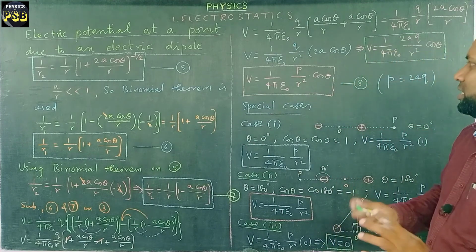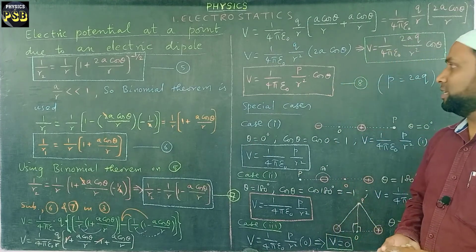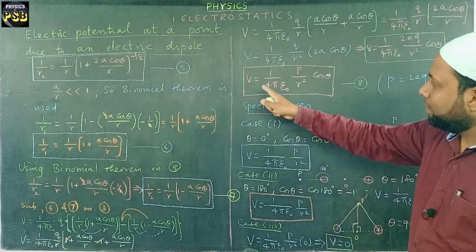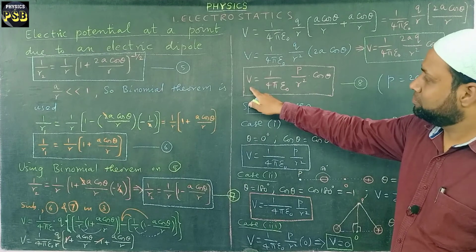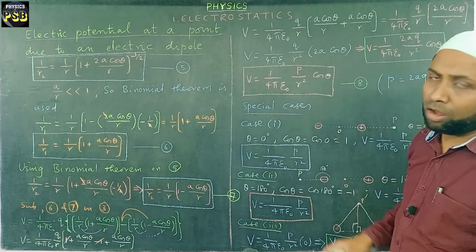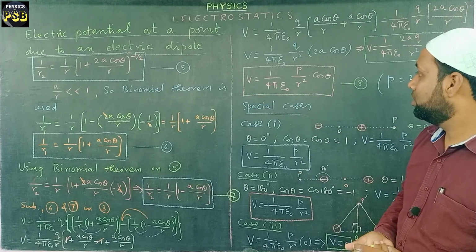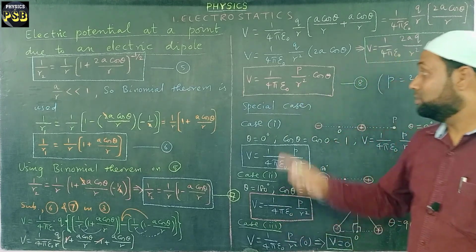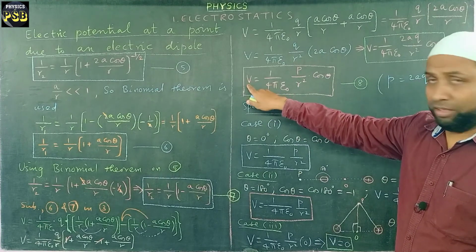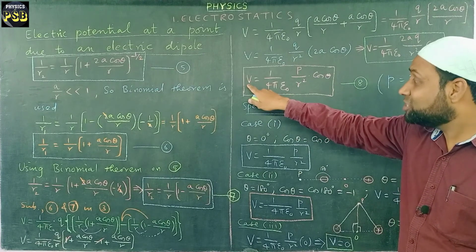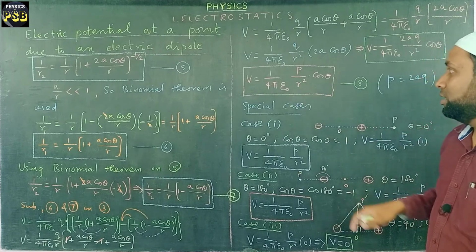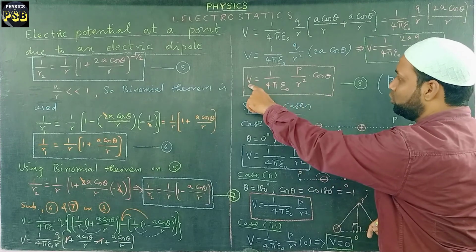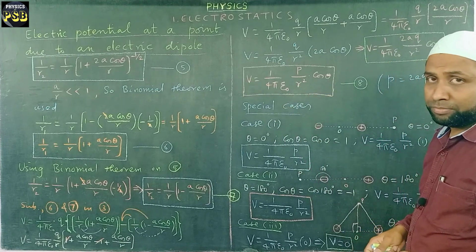Now we discuss a few important things about equation number 8. If we compare the electric potential at a point P due to an electric dipole, V is found to be inversely proportional to the square of r. Here, p is a constant.